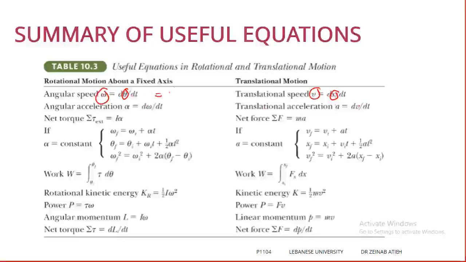So omega is equal to theta prime, here v is equal to x prime. Here alpha is equal to omega prime. I replace alpha with a. So instead of talking about meters per second squared, I talk about radians per second squared. We said that Newton's second law in the case of translation says the sum of F equals ma, whereas in the case of rotation the sum of the torques or moments equals I alpha.